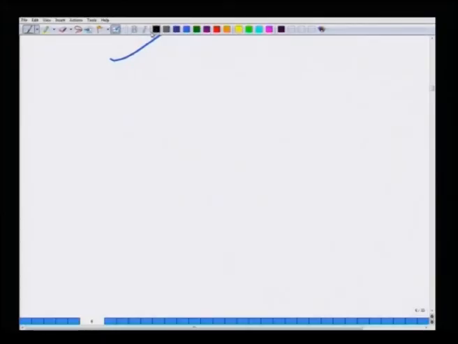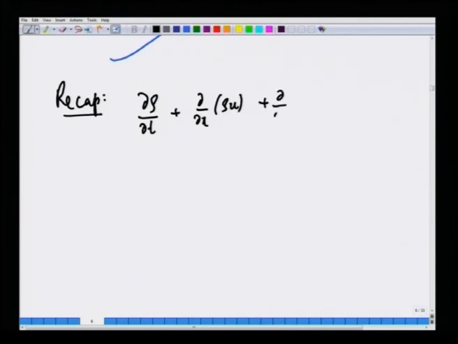So, just to recapitulate what we did in today's lecture. We first derived the most general form of the continuity equation for a Cartesian coordinate system, which becomes the following. This is for Cartesian coordinates.